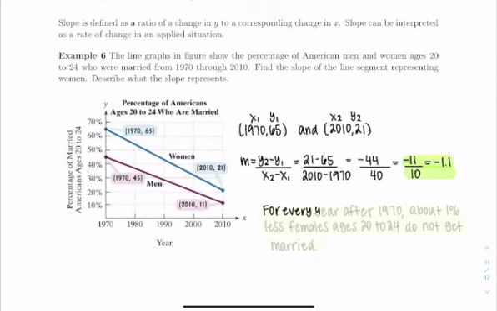For every year after 1970, about 1% less females aged 20 to 24 do not get married.